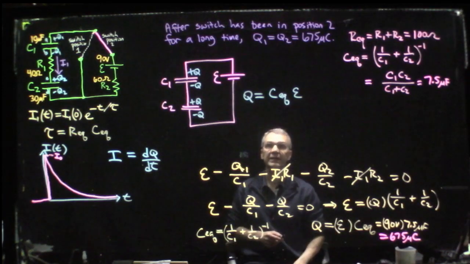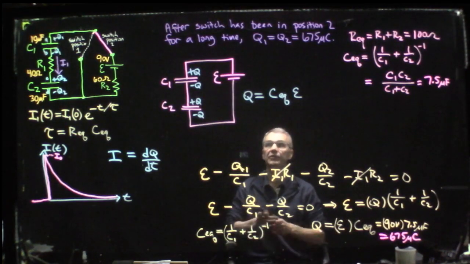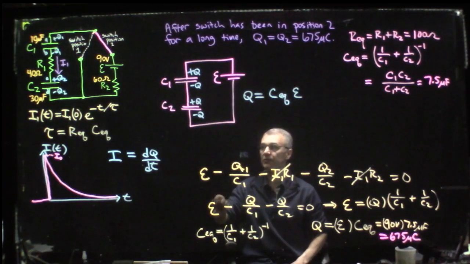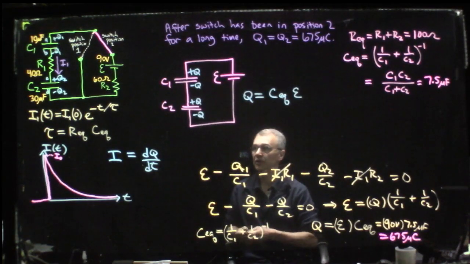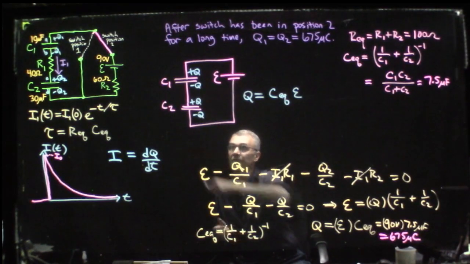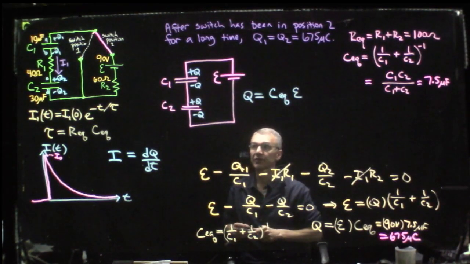So a quicker way to get that same result is after a very long time, you know that the current is 0. So the resistors aren't doing anything if the current is 0. There's no voltage drop across the resistor.